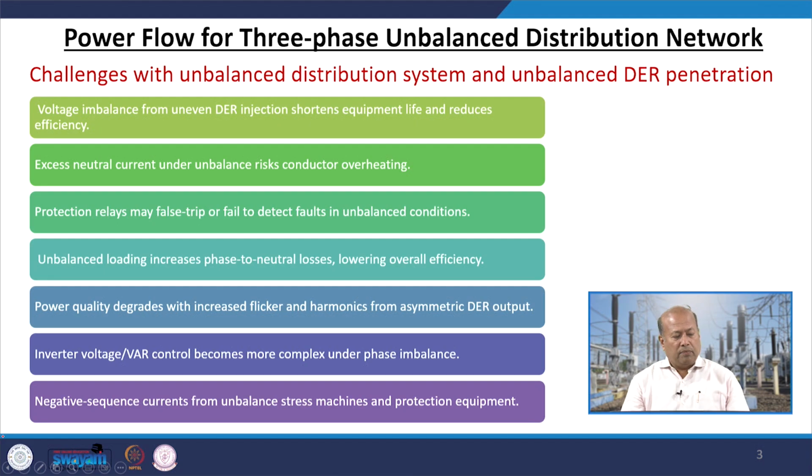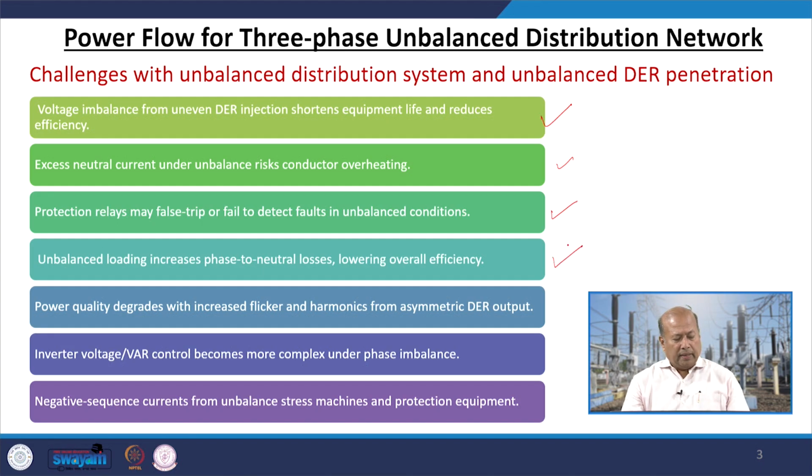The voltage imbalance from uneven DR injection shortens equipment life and reduces efficiency. Excess neutral current under unbalance risks conductor overloading. Protection relays may falsely trip or fail to detect faults in unbalanced conditions. Unbalanced loading increases phase to neutral losses, lowering overall efficiency.